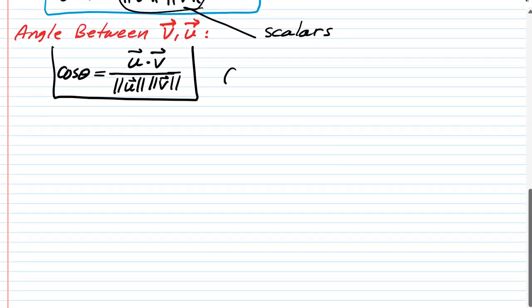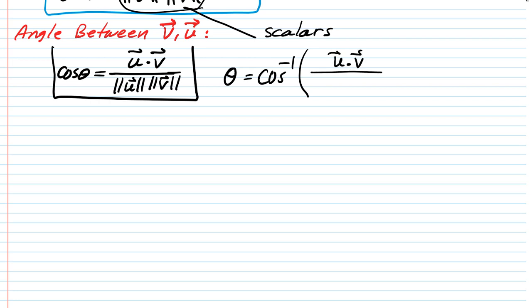So how do we find theta? Theta is the actual angle, right? For theta, we get cosine inverse of that expression, u dotted v divided by magnitude of u, magnitude of v. And if you remember from chapter 7, when we did this way back when, one of the previous lectures, we mentioned the range of inverse cosine is between 0 and pi.